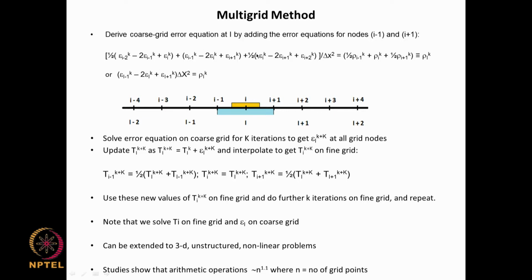All of this is equal to rho_i^k plus half of rho_{i-1}^k plus half of rho_{i+1}^k.